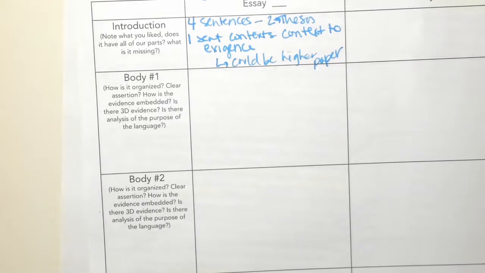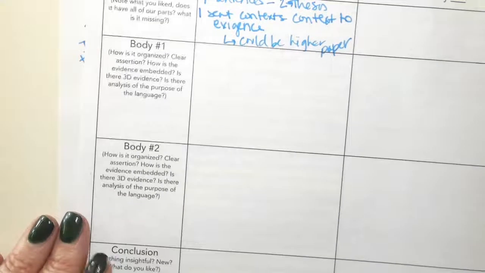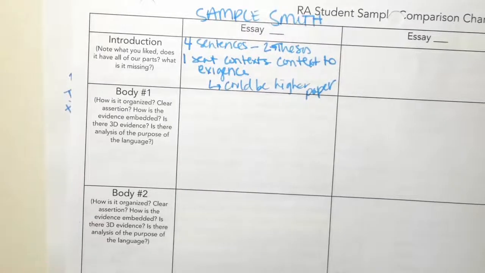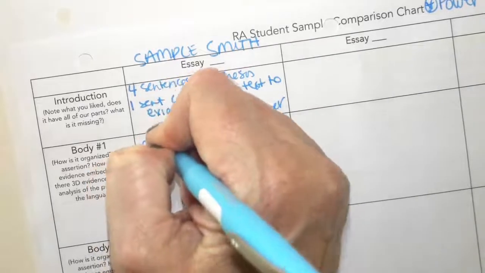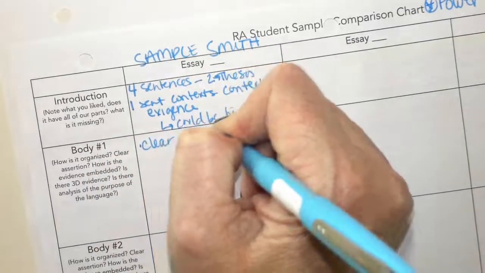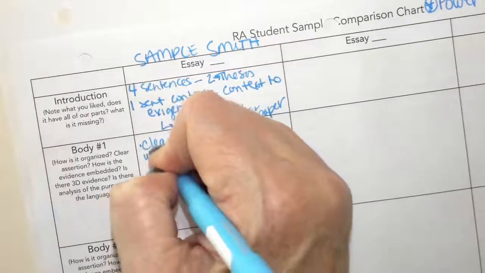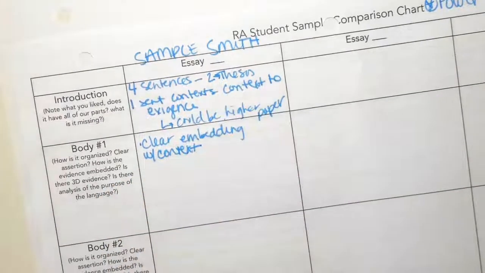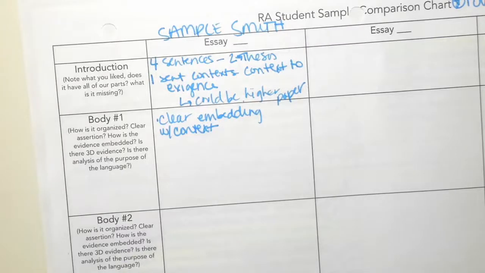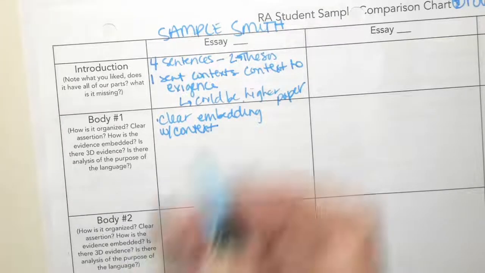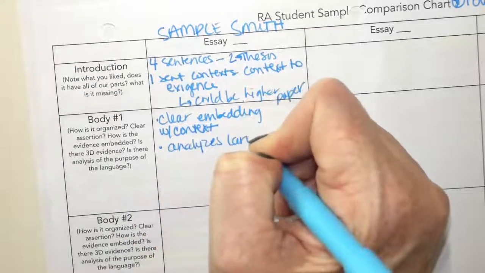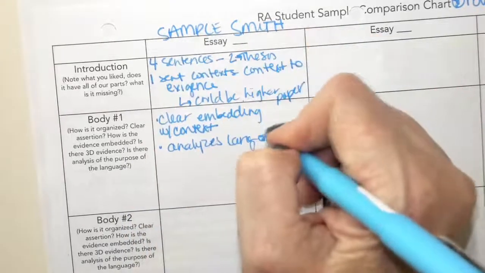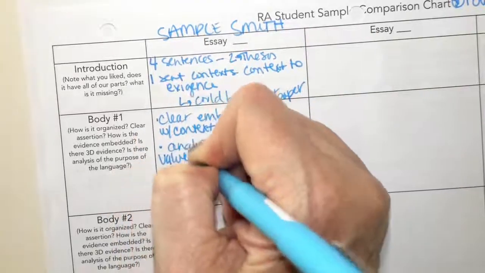All right, so what are some of the power moves that y'all are jotting down? There was a good embed. Okay, so clear embedding with context. Okay, what else? It analyzes the language and the value of the lists, and then we also had comparisons in there.